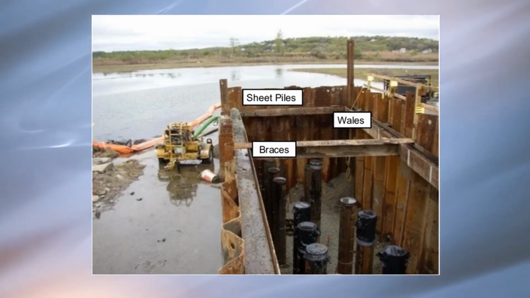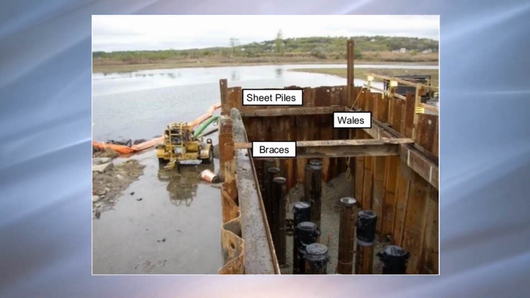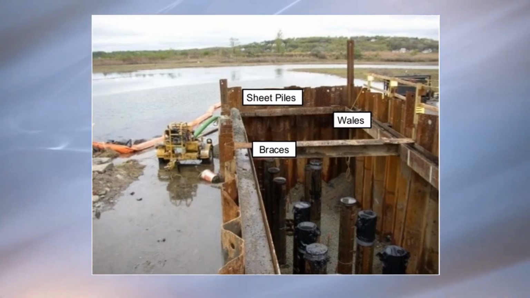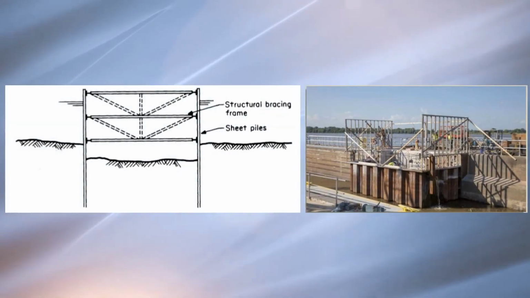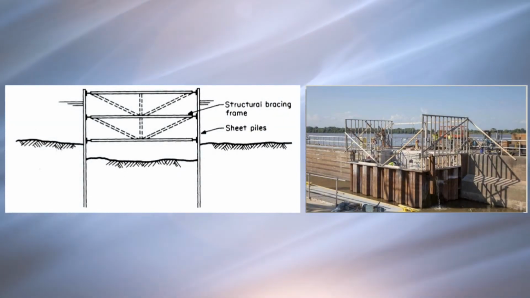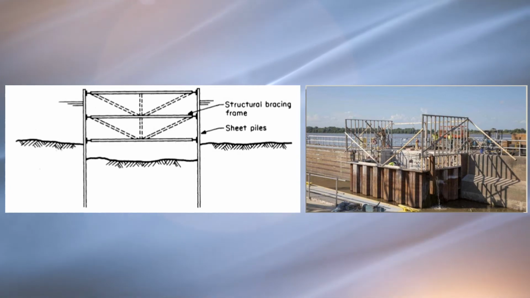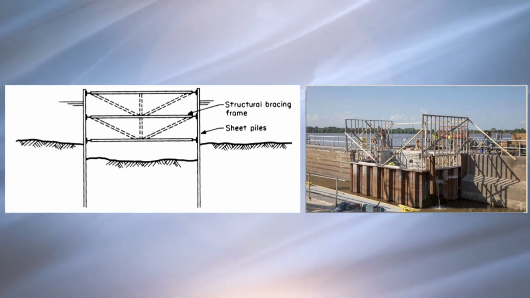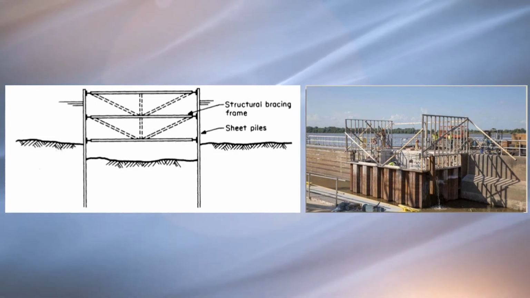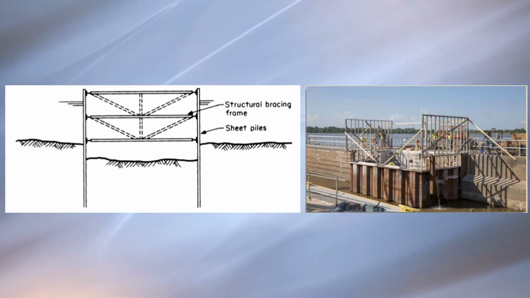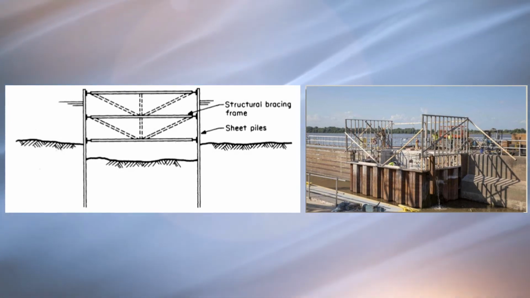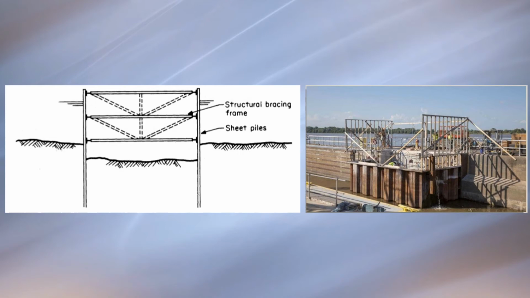Cofferdams are generally made of steel to provide the strength needed to hold back water from a construction zone. The typical cofferdam, such as for a bridge pier, consists of sheet piles set around a bracing frame and driven into the soil sufficiently far to develop vertical and lateral support and to cut off the flow of soil and in some cases the flow of water.